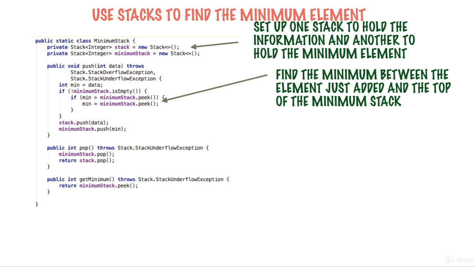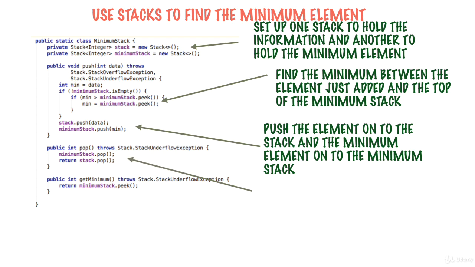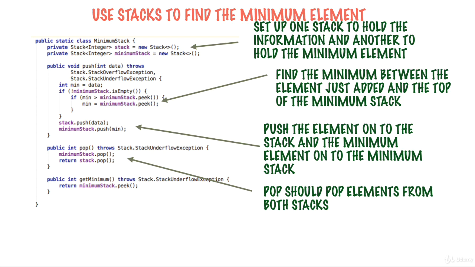Notice that we do 2 pushes, one on each stack. We push the original element onto the stack and we push the min that we have calculated onto the minimum stack. So the min could be either the data that is passed in for push, or it could be the minimum which already existed on the minimum stack. The pop method pops elements from both stacks.